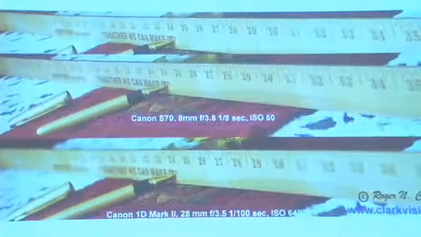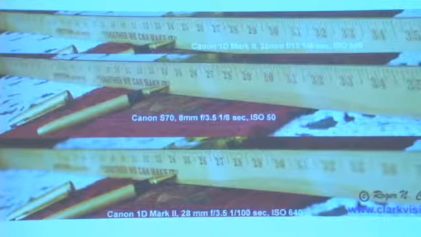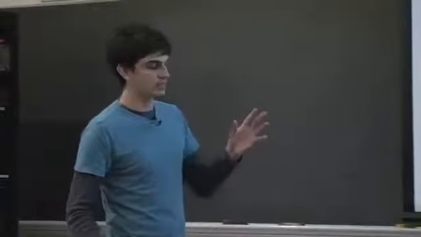So we get, in the end, the ability to mimic a much smaller sensor just by using not only a higher ISO, but also a smaller aperture, because now we're making all of these things approximately the same. So this is understandably kind of confusing.